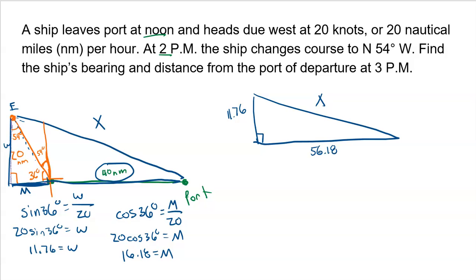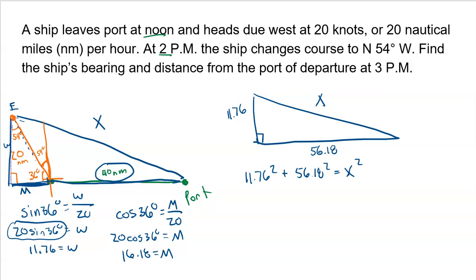And now, how do I find X? Pythagorean theorem. 11.76 squared plus 56.18 squared equals X squared. Now, I know I'm rounding in the middle of the problem. If you want to be more exact, instead of plugging in 11.76, you could plug in 20 times sine of 36. It's just a little bit more hassle writing it, but you could do it.